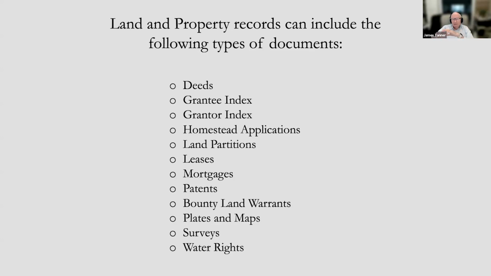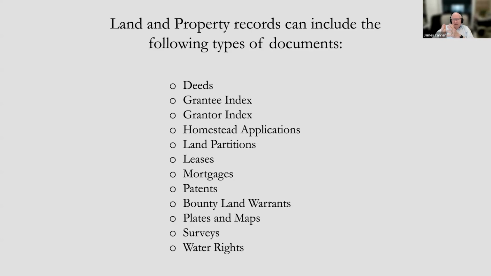So these names, this list of names, deeds, grantee index, grantor index, and so forth, are all types of land and property records that can be very, very helpful in providing crucial information for identifying people. Many times while we're doing research, we get to the point where we're thinking that there are no more records to become available.